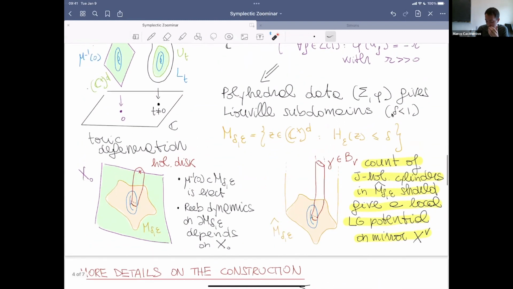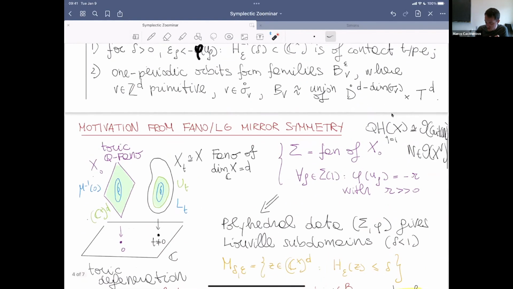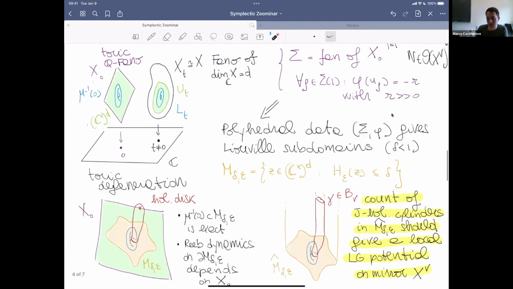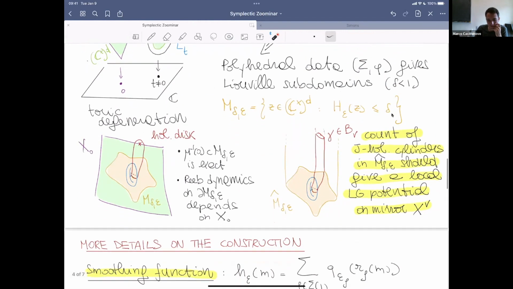So the idea is that more or less this should give you a local expression for this mirror function. So X check would be some gluing of complex tori, and W would be locally in each torus some kind of count like this.